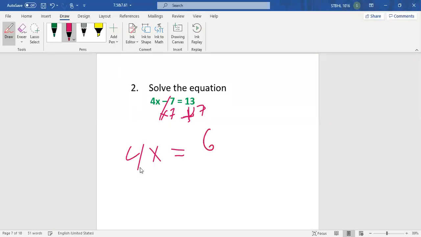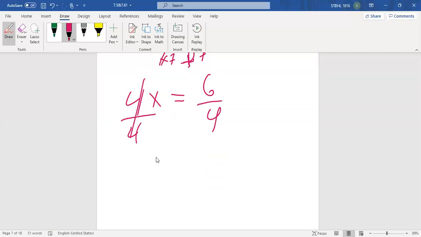After that, you have to divide by 4. Then x equals 6 over 4. This is an improper fraction. You can write it in simplest form: 1 and 2 over 4, or 1 and a half.